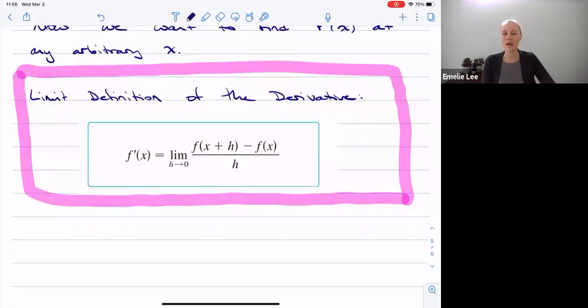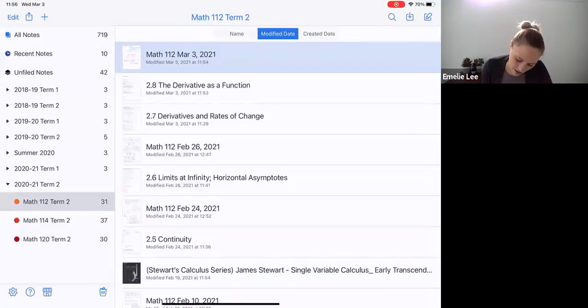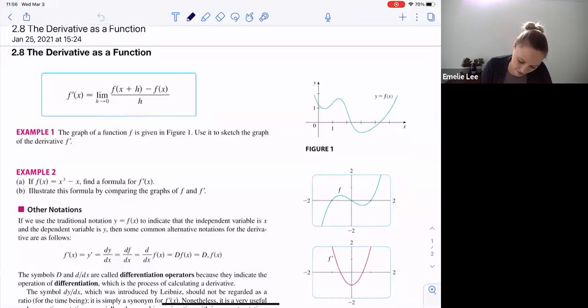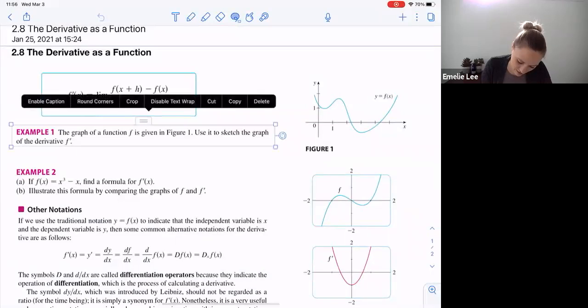Having that connection between the original function and the derivative is going to be really useful, mostly for checking our work. So example 1, we're given a function, and we're going to use it to sketch the graph of the derivative, so that we have some idea of what this thing looks like.